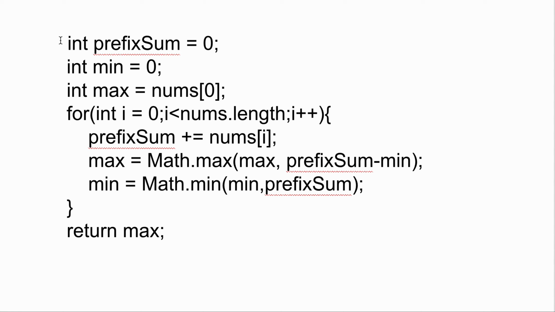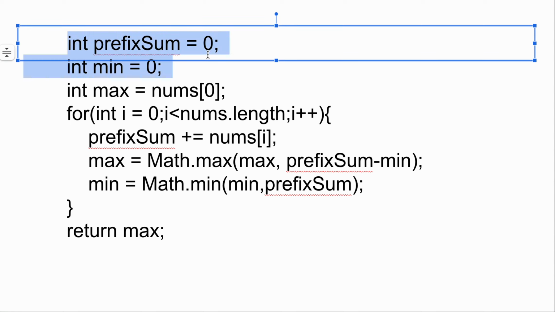So let me take you to the solution. Instead of forming the entire array, I am just keeping it in a variable, prefix sum. This is the minimum until that point. For example, what is the minimum until this point? -2. Similarly, if there was any other number, for example, if there was -5, the minimum value would get updated, but until this point, -2 will be the minimum number.